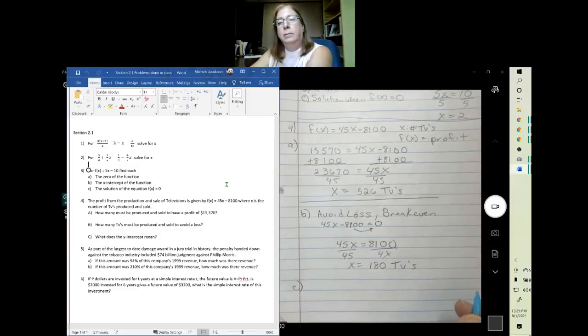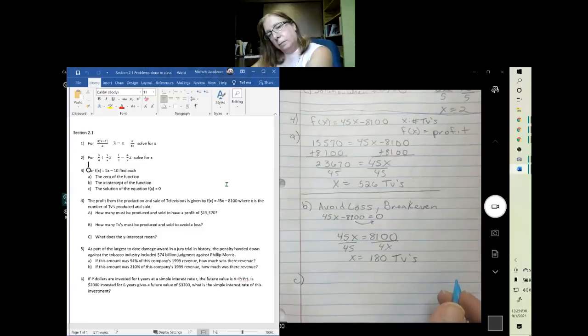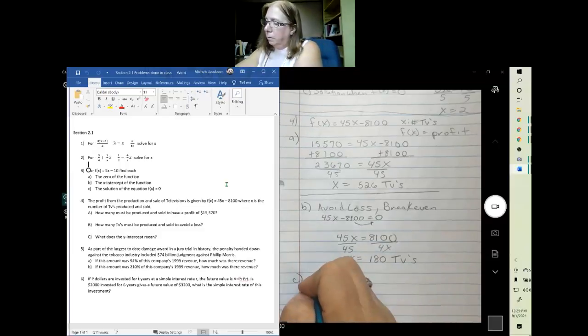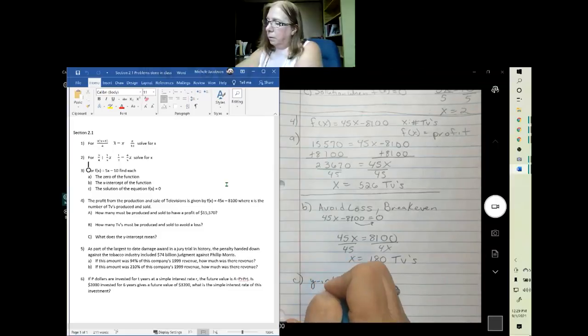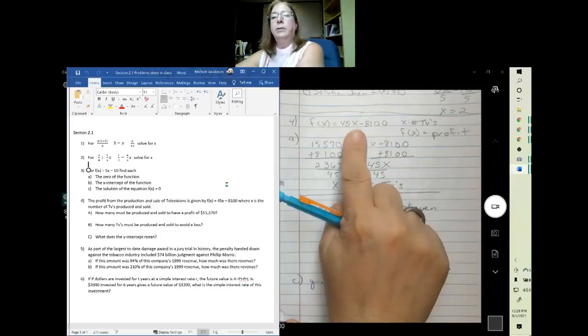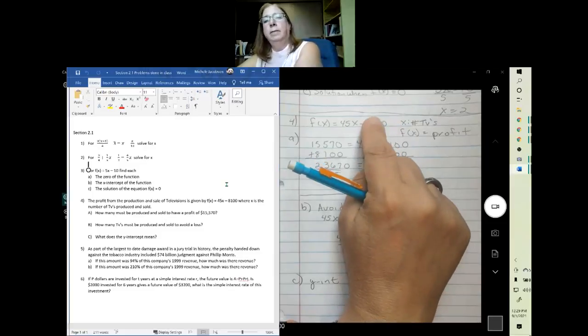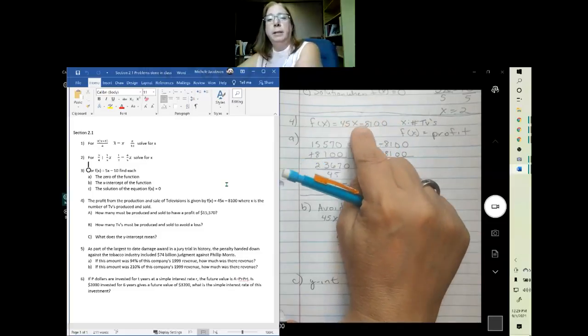Any questions on that? The last part C says, what does the y-intercept mean? Well, if we look at the equation, the y-intercept is the negative 8100, because mx plus b.